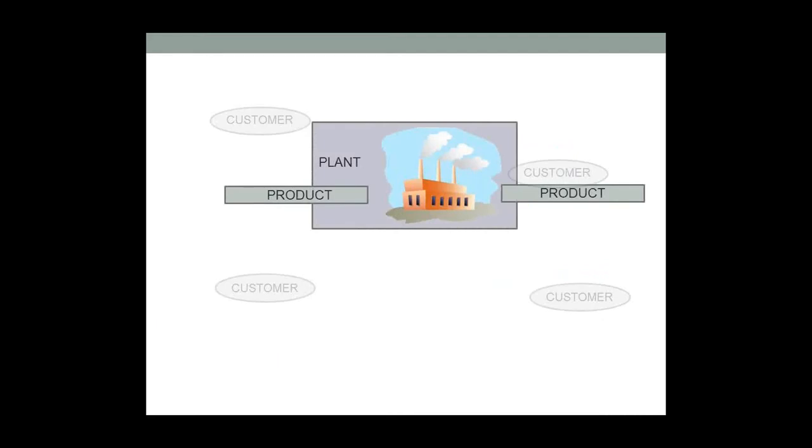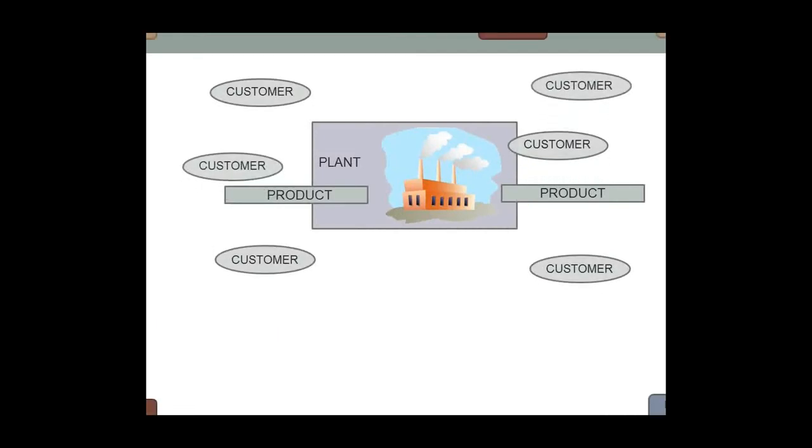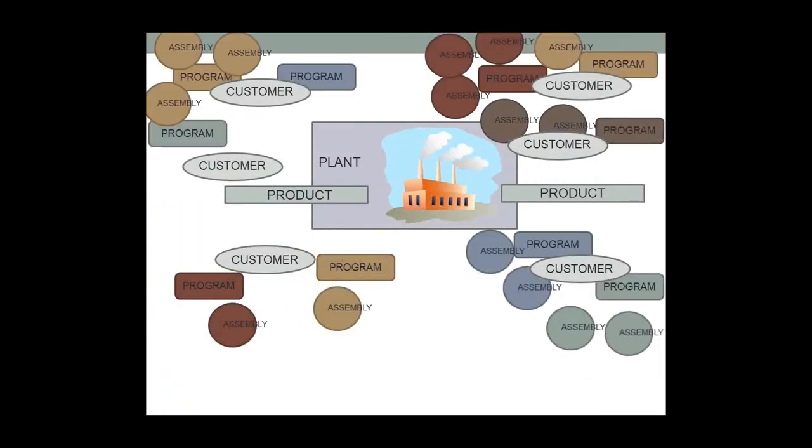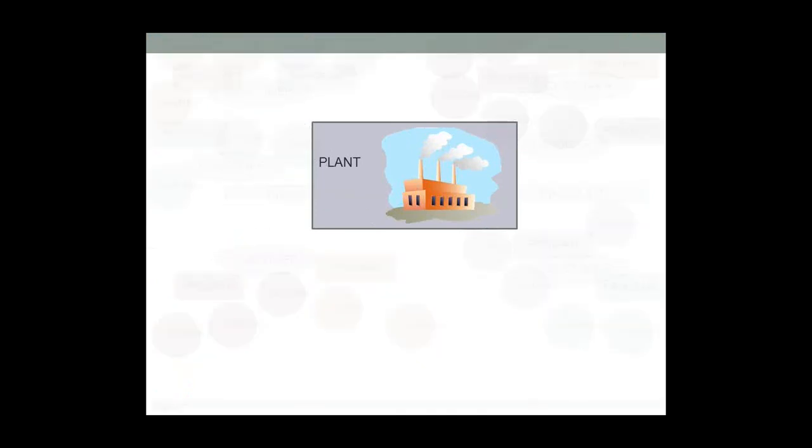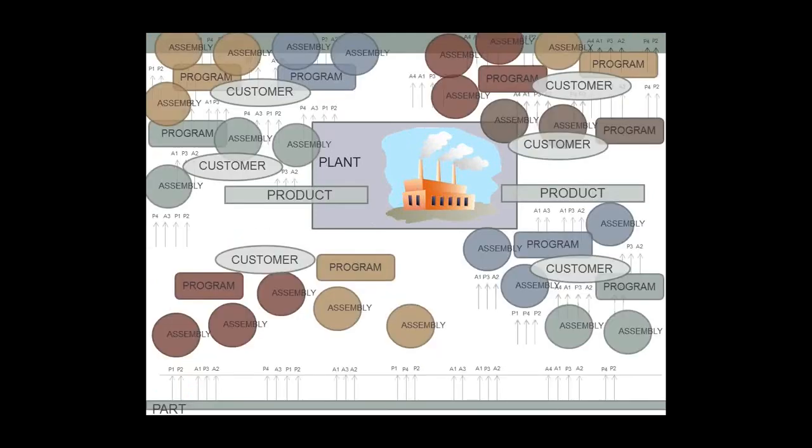What if you are in a company where there are multiple products supporting multiple customers, multiple programs and assemblies, and all over your shop floor multiple different measurement devices are used to track different attributes on each one of these assemblies and parts? This really poses a challenge of streamlining all this data into meaningful information.